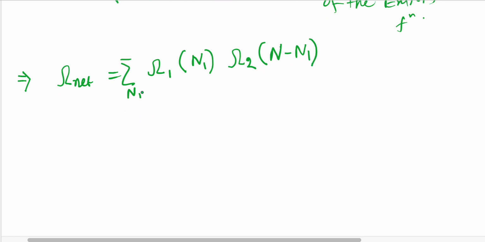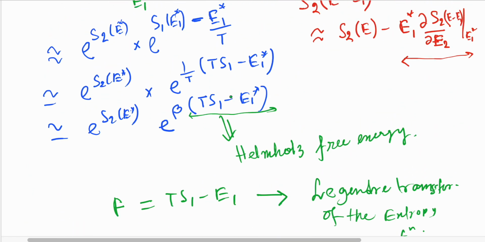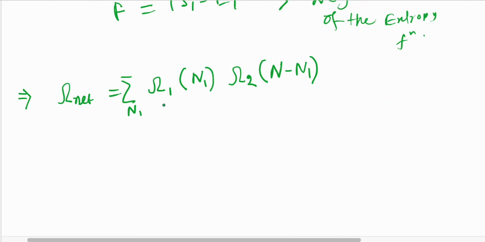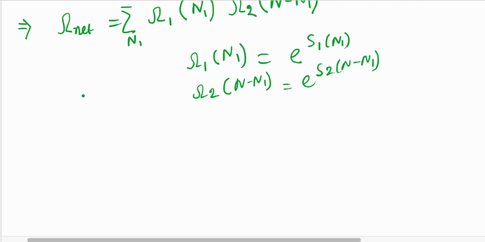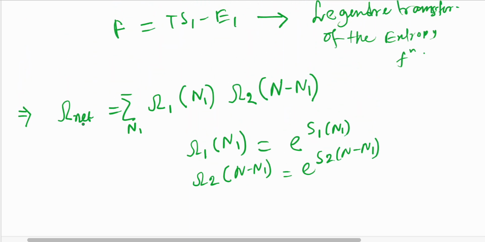Now as we did in the previous case, here also we can write sigma 1 of n1 as e to the power s1 of n1, and sigma 2 of n2, meaning n minus n1, as e to the power s2 of n minus n1. Now what is the equilibrium?